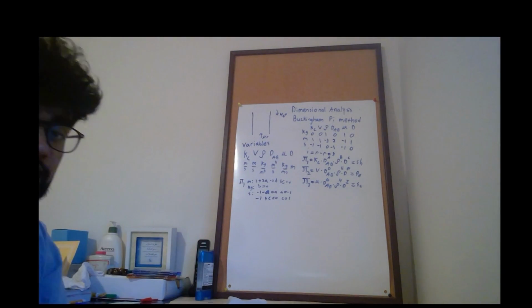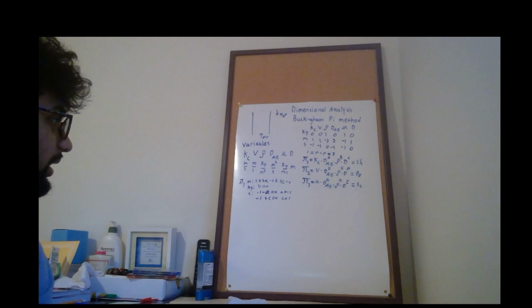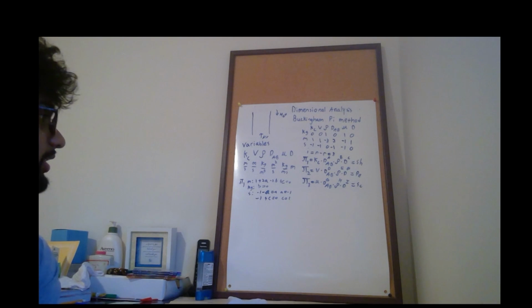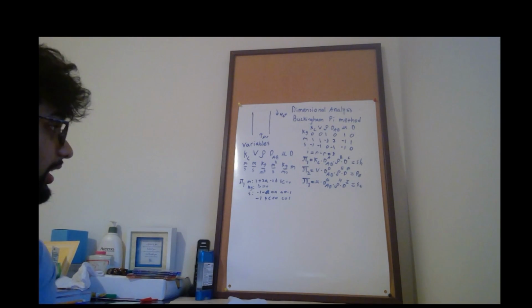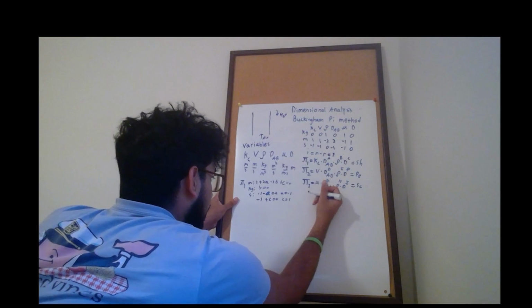And because the second dimensionless group has basically the same units, because we're using all the same variables except we're using velocity instead of the mass transfer coefficient, and we know that the mass transfer coefficient and the velocity both have the same units, so we can set the exponents equal to each other.